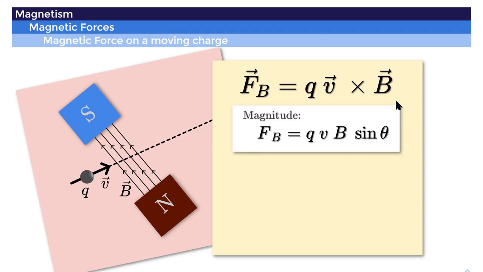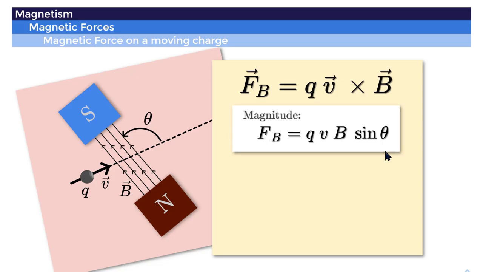So in this case, if I want to calculate the magnitude separately, then the magnitude of the force would be equal to the magnitude of the net charge times the magnitude of the vector that results from the cross product of v cross B. And you know that one way to calculate the magnitude of that resultant vector is by the magnitude of the first vector, the magnitude of the velocity, which is the speed, times the magnitude of the magnetic field, times sine of the angle between the two vectors that are in the product here. So that means between the direction of motion and the direction of the magnetic field. That would be the angle theta that is in this expression.